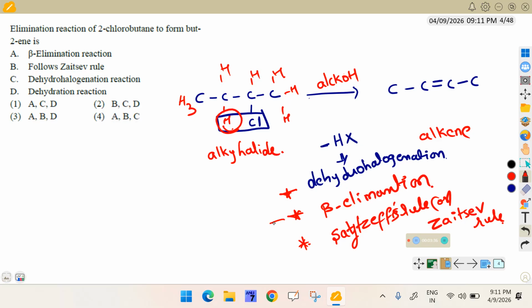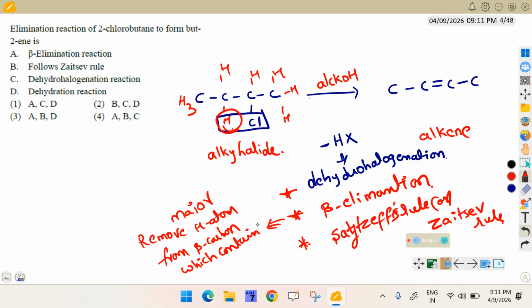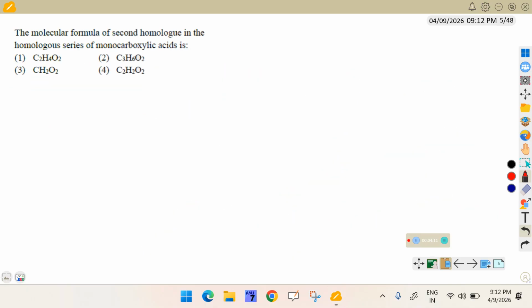In beta elimination, the major product forms by removing hydrogen from the beta carbon which contains less number of hydrogens. So beta elimination is correct, Zaitsev rule is correct, dehydrohalogenation is correct. This is not dehydration. The fourth option is correct.